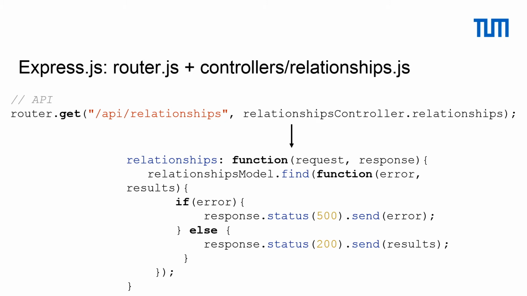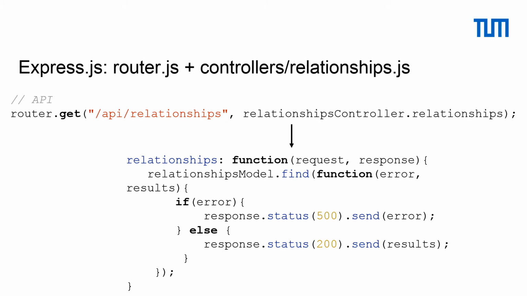So relationships is a function which accepts a request, an incoming request, and has as a second object the response, the outgoing response. What we do is we find objects in the relationships model, which we're going to explain shortly, so don't worry.